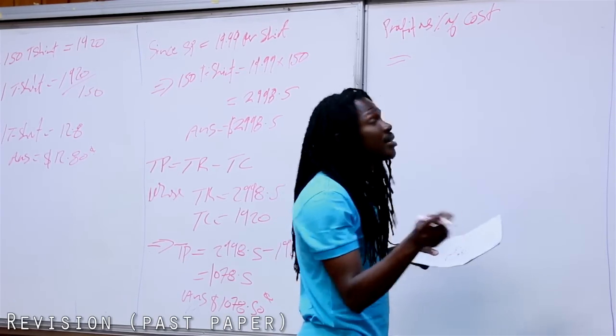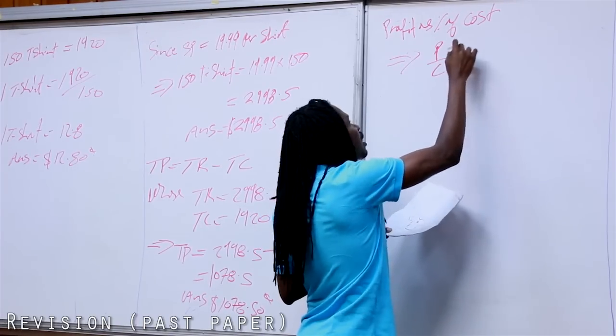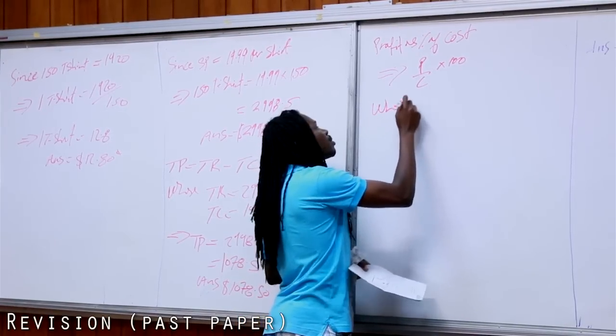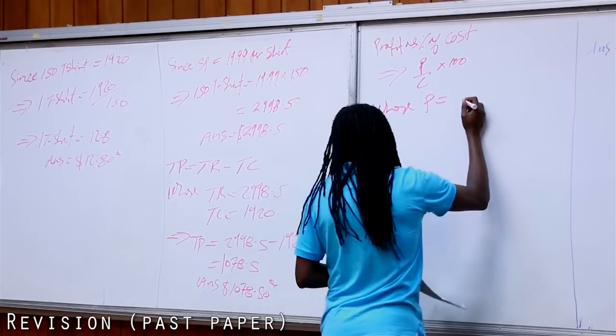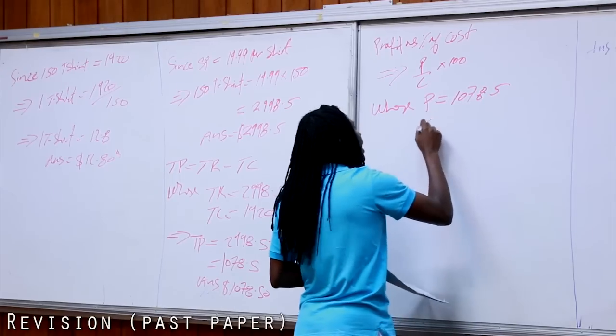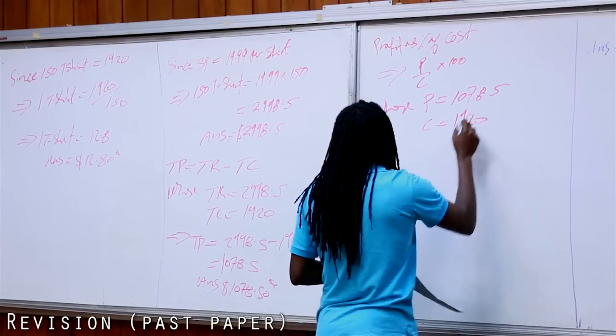It implies profit over cost times 100, where P equals 1078.5 and C equals 1920.